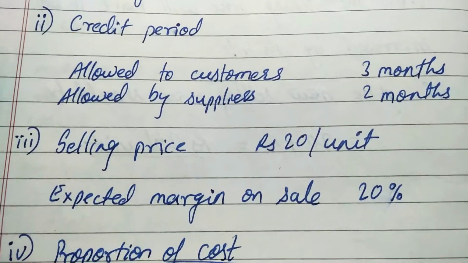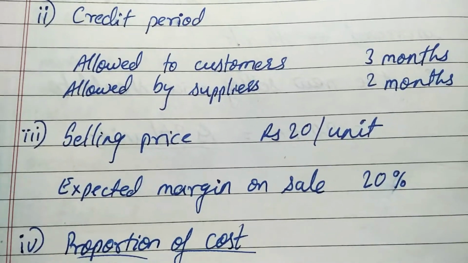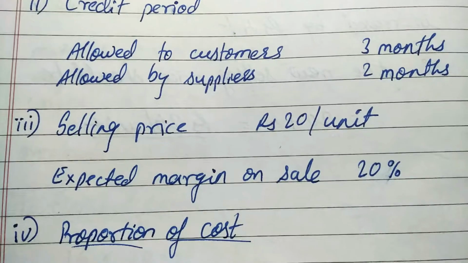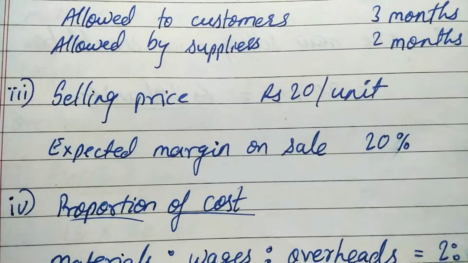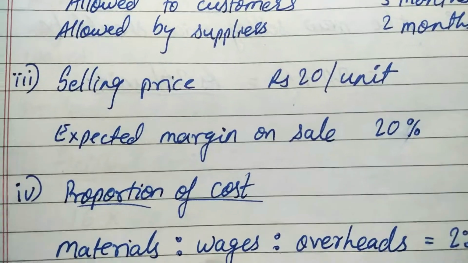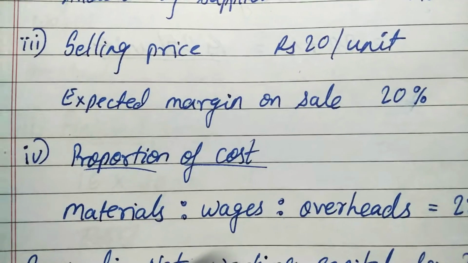When it comes to the selling price, nothing is provided regarding the price except the selling price. The selling price is 20 rupees per unit, and the expected margin on sale, that is the profit margin, is given to us as 20% of sales.